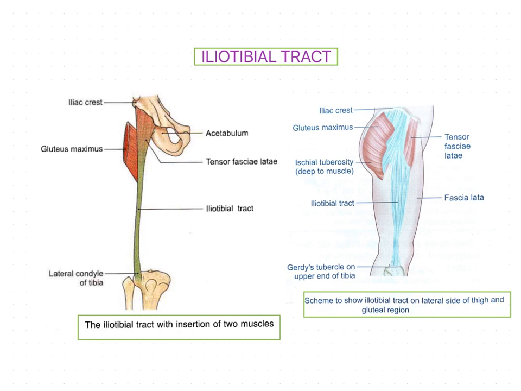Here you can find the fascia is thickened laterally, where it forms a 5 centimeters wide band called the iliotibial tract.